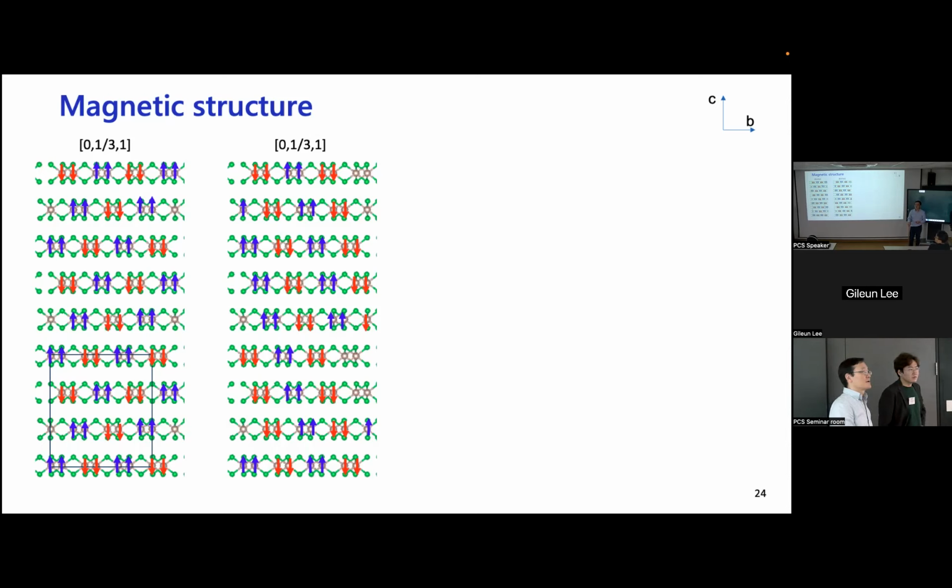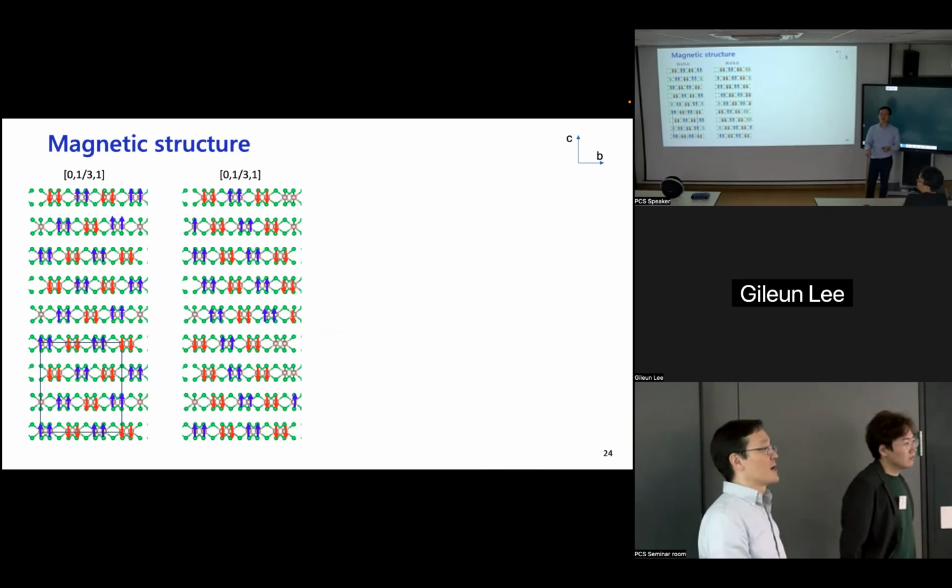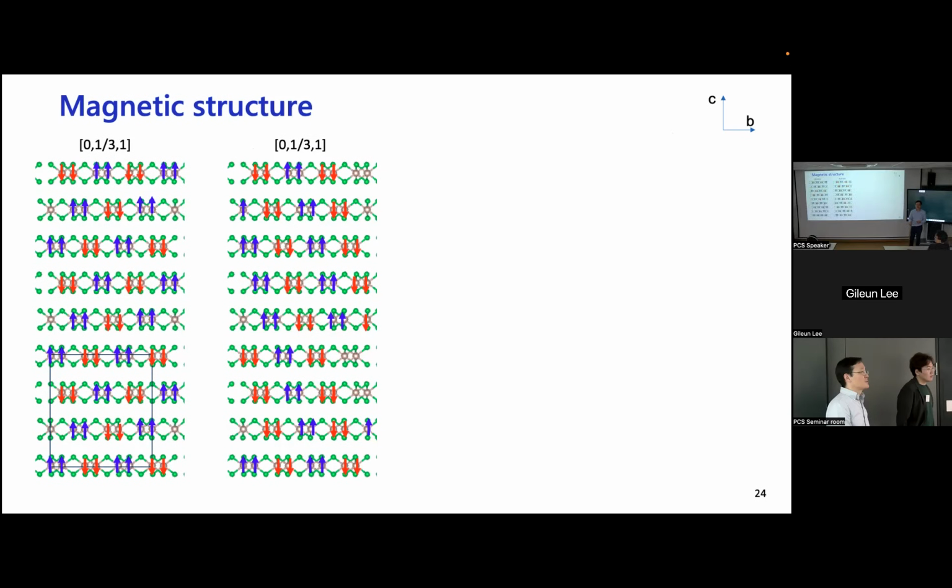I think there is no reasonable way to answer that question, even from neutron scattering. Actually, neutron scattering found that the magnetic structure changes at high field. So the magnetic field does affect the magnetic structure.